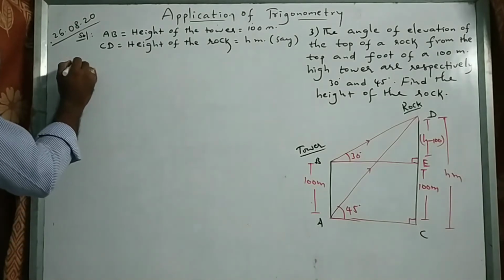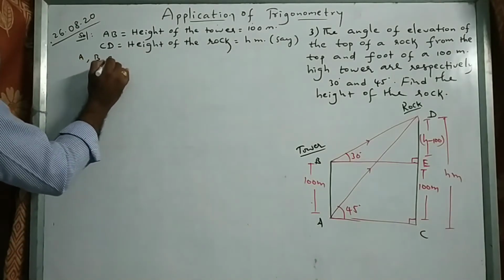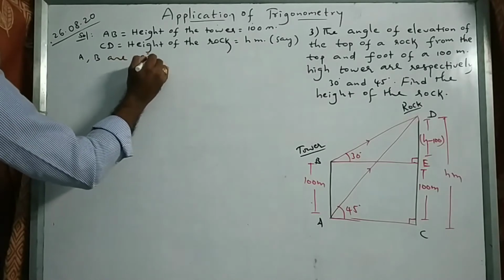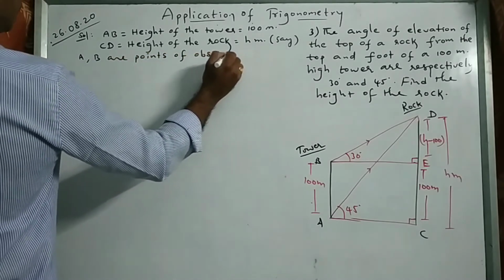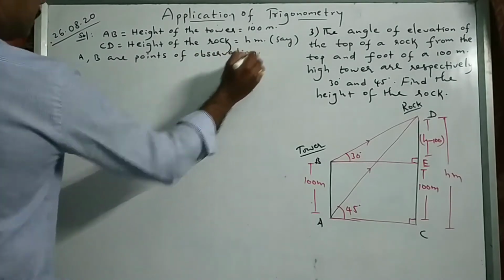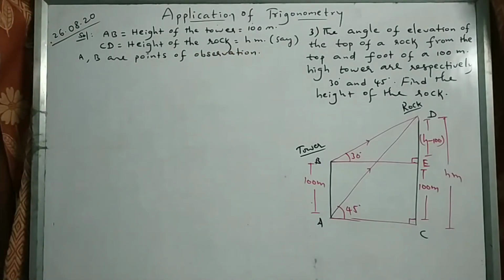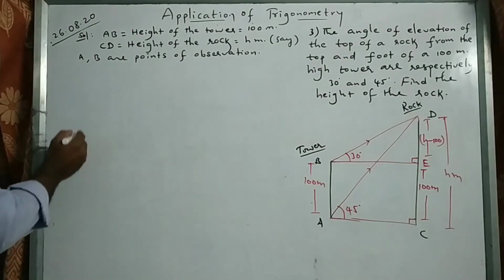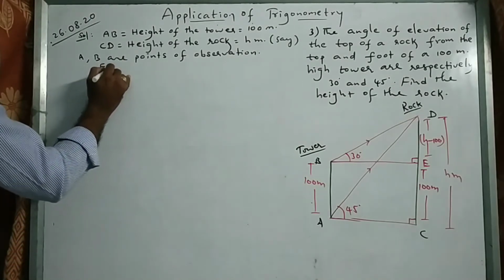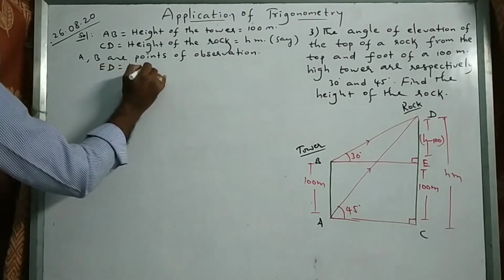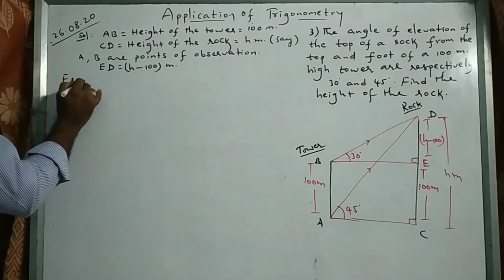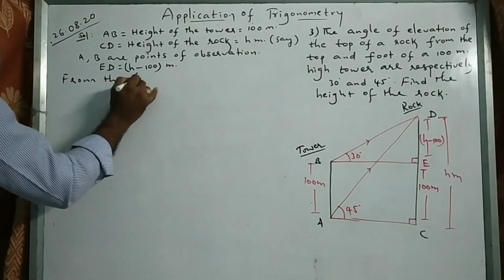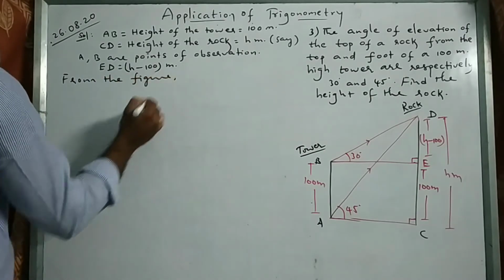So A and B are points of observation. Okay. So ED equal to h minus 100. From the figure, write the elevations.